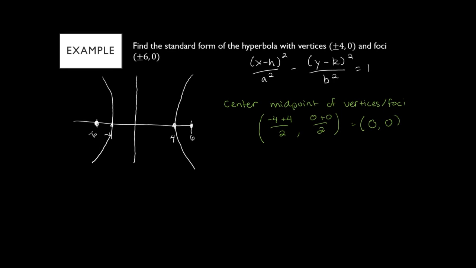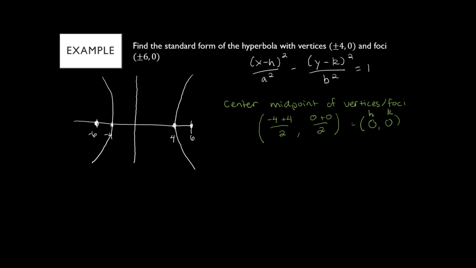Like I said, my picture is not to scale because my origin is not clearly in the center. But the key is that the center is the midpoint between the vertices and the foci. So we have found the center, so we know that h and k are both 0. Now we need to find a and b.